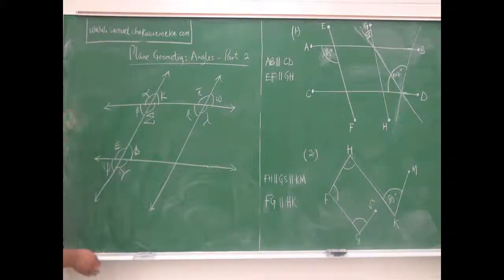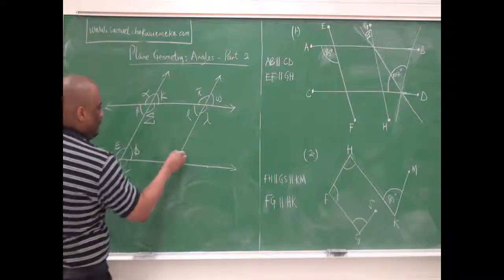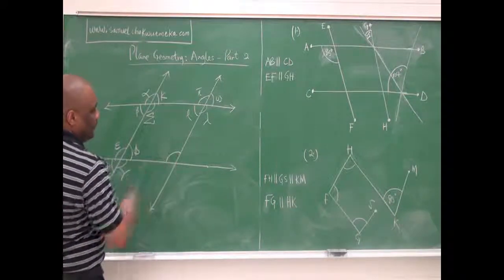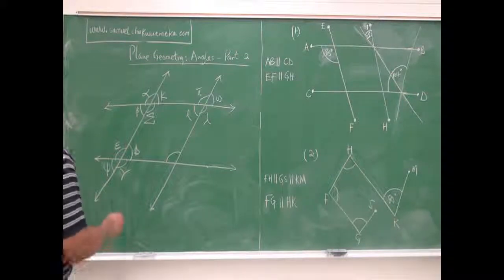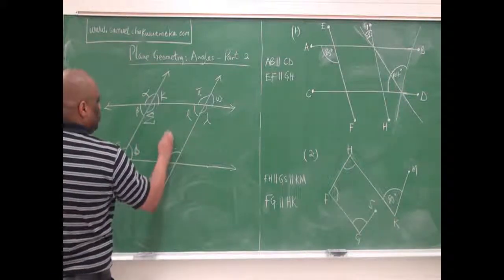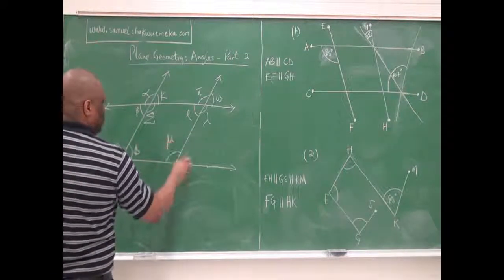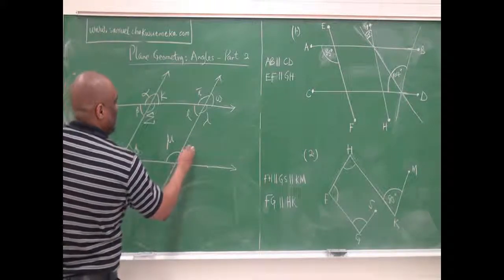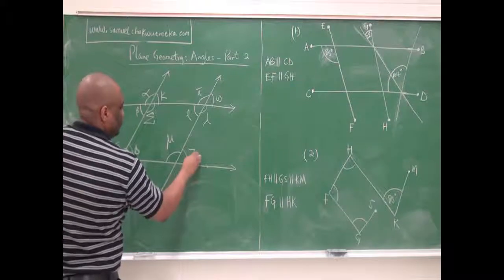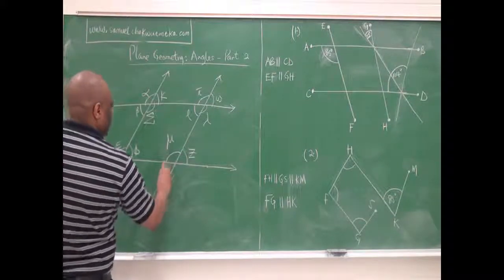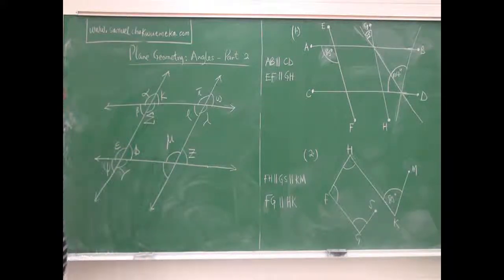Gamma. What other functions can we get? Mu, zeta, rho, have I put rho?